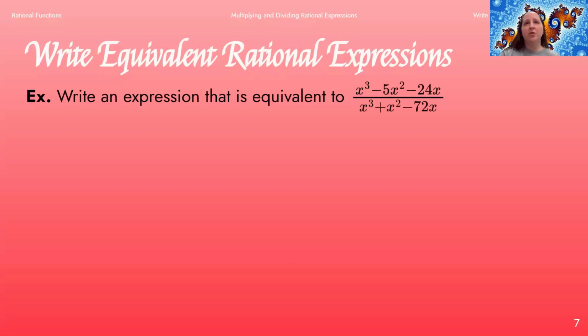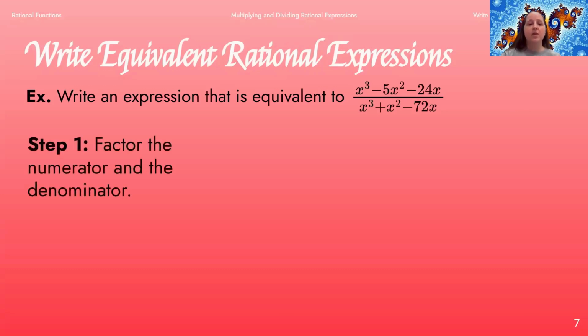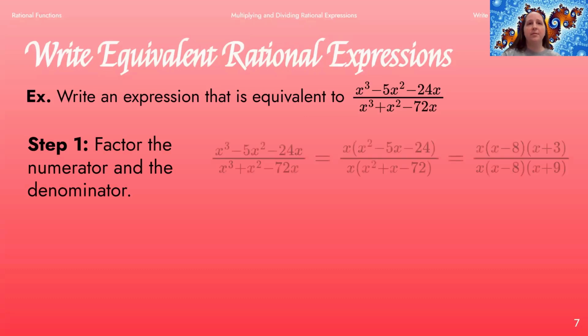Write equivalent rational expressions. Write an expression that is equivalent to x cubed minus 5x squared minus 24x divided by x cubed plus x squared minus 72x. So step 1 is to factor the numerator and denominator. In this case, I can factor x cubed minus 5x squared minus 24x by taking out an x, and then factoring what's left over.